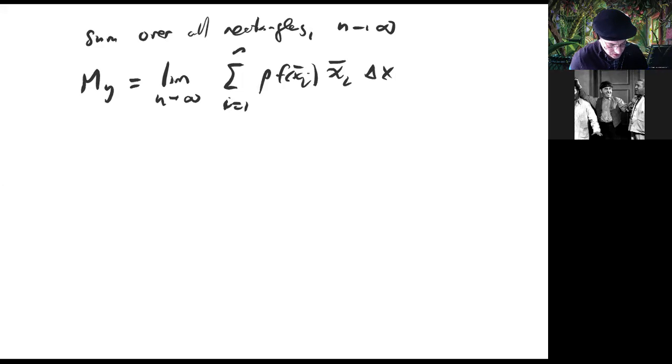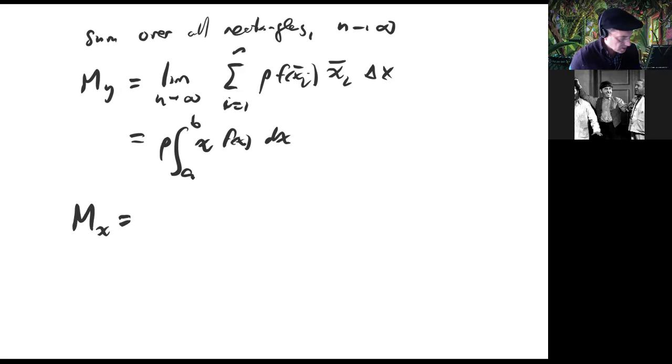And you stare at this a while, and you see it's just the integral from a to b. The rho comes out, it's just a constant, of x times f of x dx. And a similar calculation, which I won't put in, shows that the moment about the x-axis is rho times the integral from a to b of 1/2 f of x squared dx.